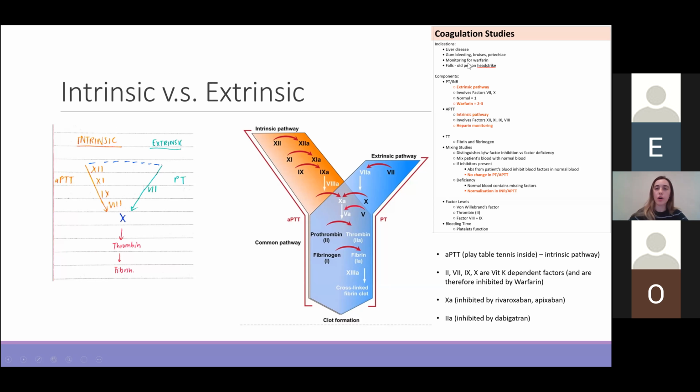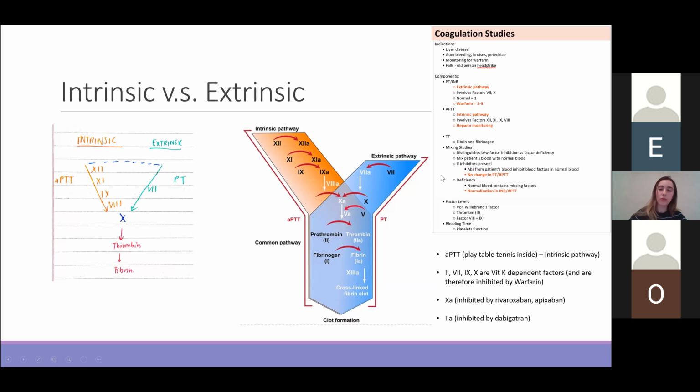I've got a little bit of info here about if you order coagulation studies, what that involves and what you're testing. Main things to remember: warfarin you measure using your PT, and heparin is measured using your APTT, and that can come up in questions.